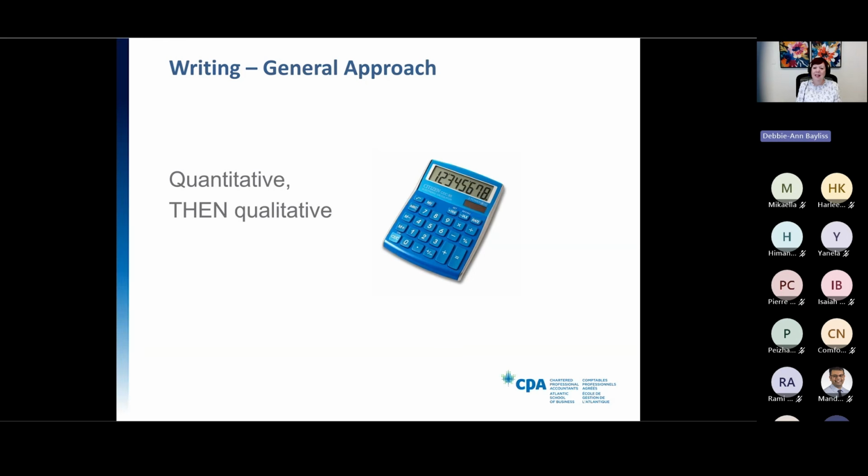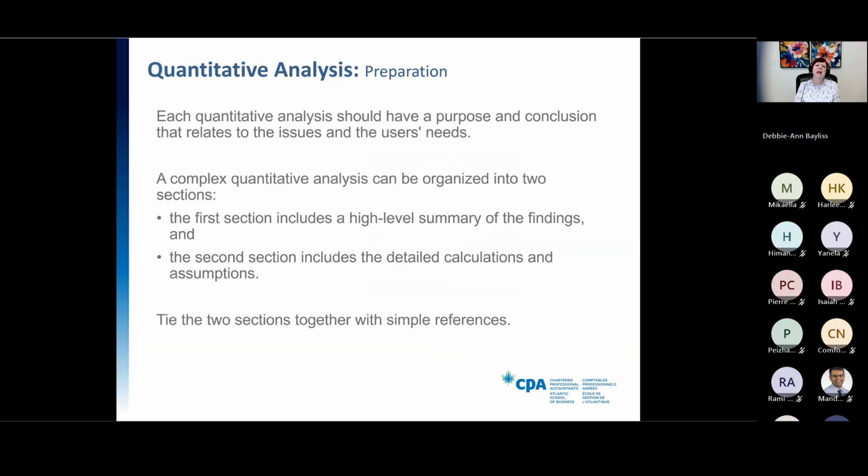Why? Because the organization is going to have to use cash flow from its operations. If they don't have cash flow from their operations, they're going to have to finance that negative cash flow for those first 2 years. For each quantitative analysis, you should include a purpose and a conclusion in Excel.